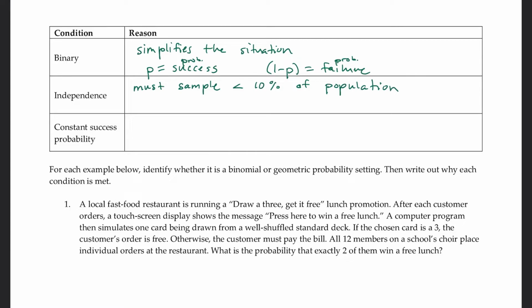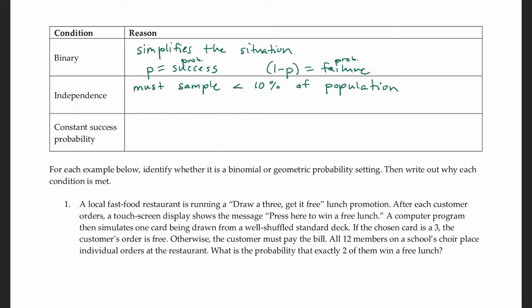Well, if you're sampling a small proportion of your population without replacement, you don't have to worry about the probabilities adjusting so much. So think back to our probability lesson on Monday, where we did an example with a deck of cards. In there, we're dealing with 52 cards. Well, if you pull 1 card out of that, that's still less than 5% or 10% of the population. So the probabilities don't change a ton.